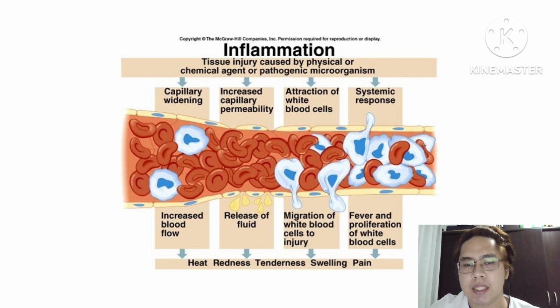As you can see here, there is a capillary widening caused by histamines. This means that immune cells go along with the increased blood flow in order to locate where the pathogens are and attack them. And because of the increased blood flow, the person can experience heat.